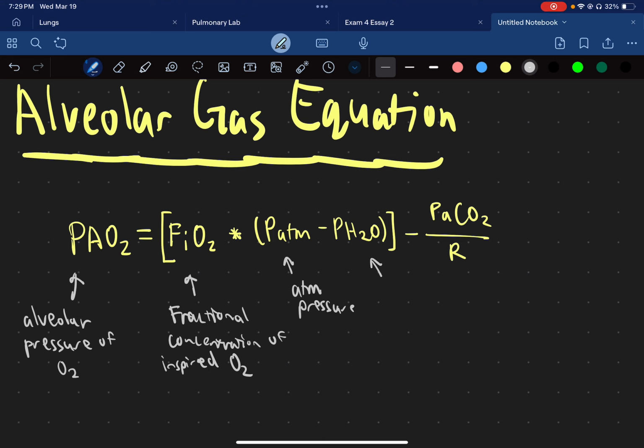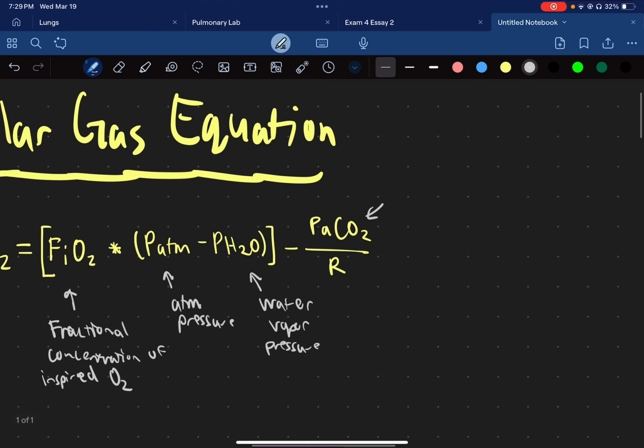This is going to be our water vapor pressure. And then our arterial pressure of CO2. And then R is going to be our respiratory exchange ratio.